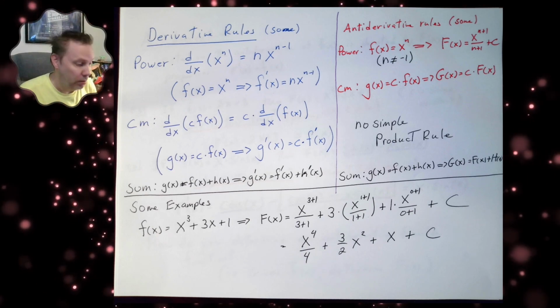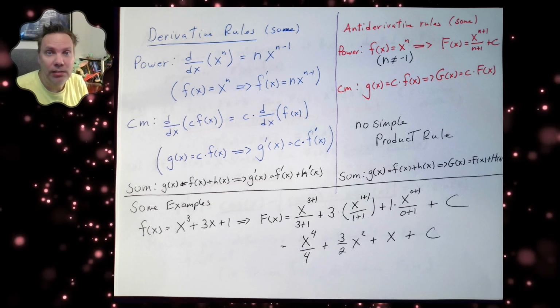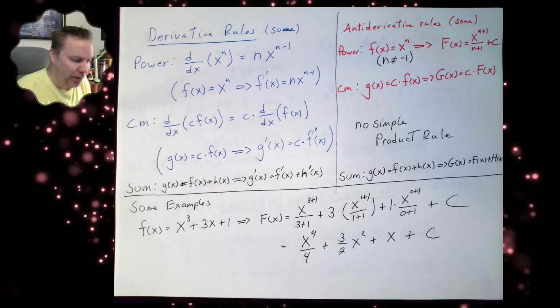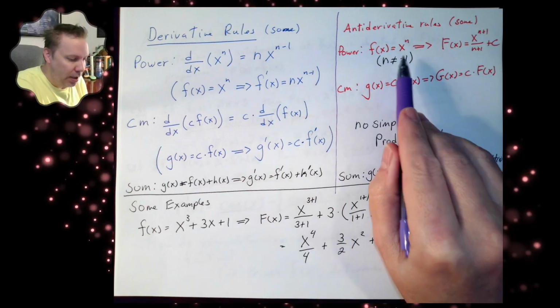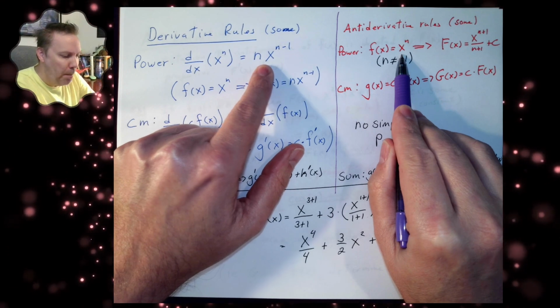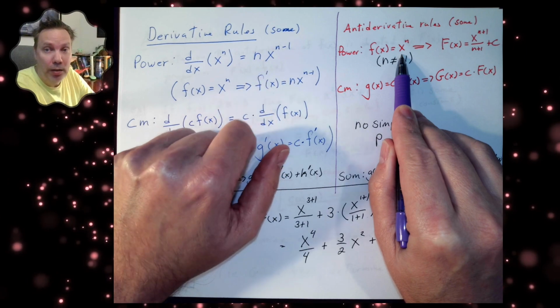Some of these, well, these three translate very nicely to the antiderivative situation. So, an antiderivative rule, a power rule: I want to do the opposite of this. Instead of multiplying by an old power, I want to divide by a new power.